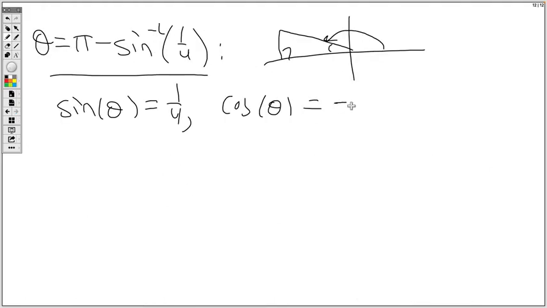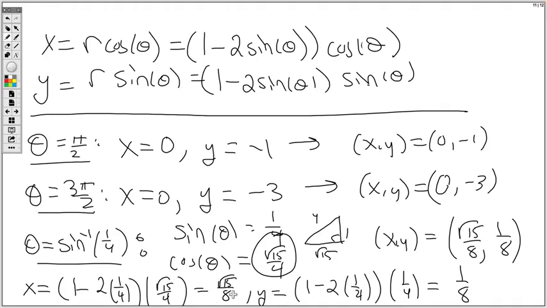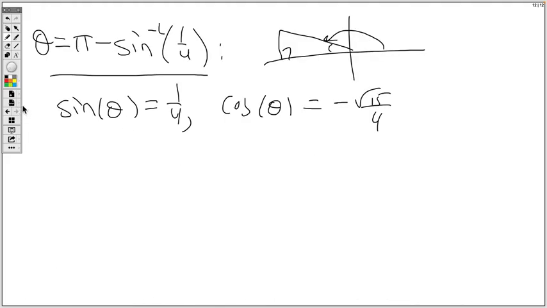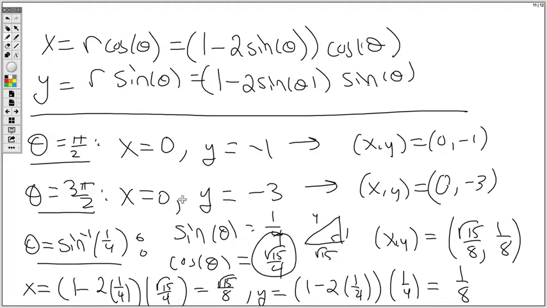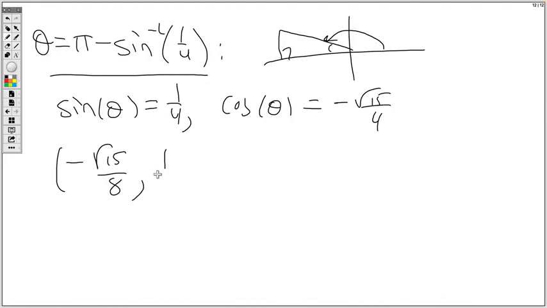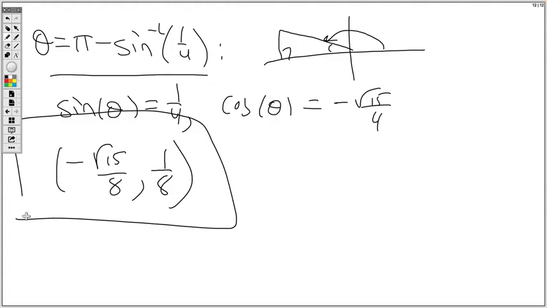So in this quadrant, it would be negative root 15 over 4. You with me or not? So the only thing that would be different in my calculation is right here. So instead of x being a positive root 15 over 8, x would be a negative root 15 over 8. The y value would be the same because the sine is the same.